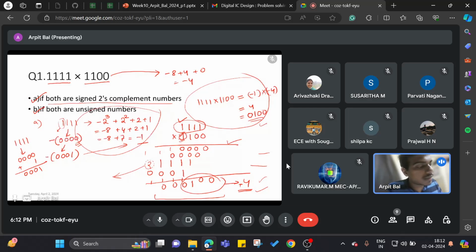So let's say I have a number 110. If it were unsigned, I could also write it as 00110. Right? It does not change my value. So in this position I could have put a 0 and done the evaluation. But when it comes to signed numbers, we need to ensure that the sign is preserved. So we have to go for something called a sign extension.